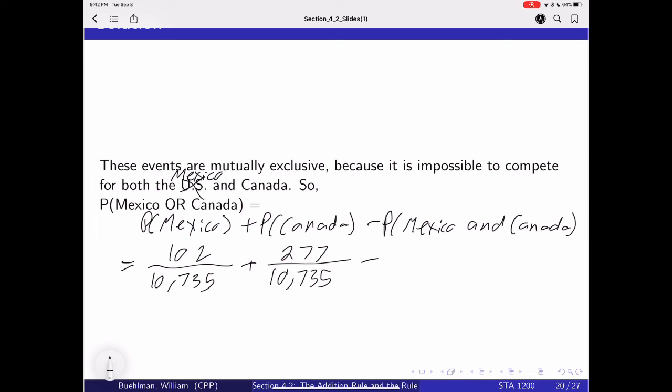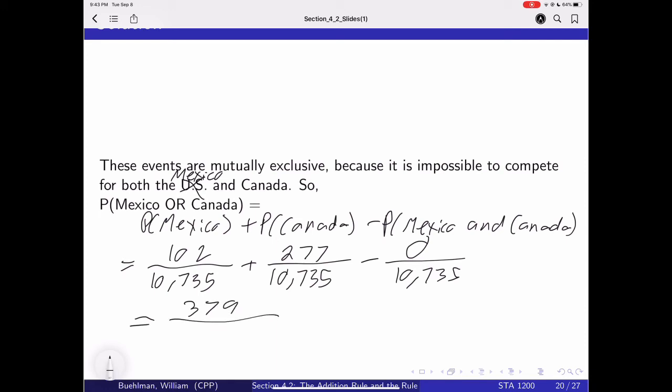Minus, well, we just said that the probability of them representing Mexico and Canada is impossible, so there's no people that represented both Mexico and Canada. So that is 0 out of 10,735.